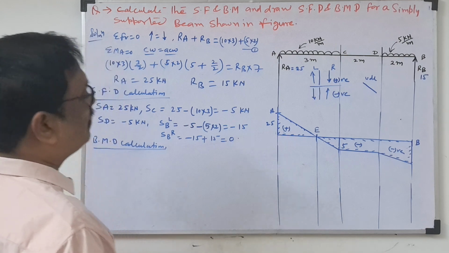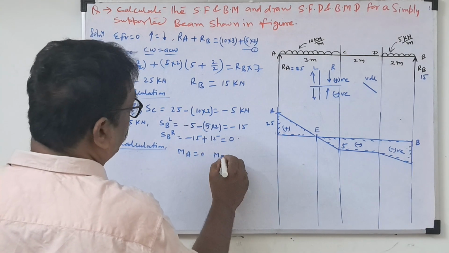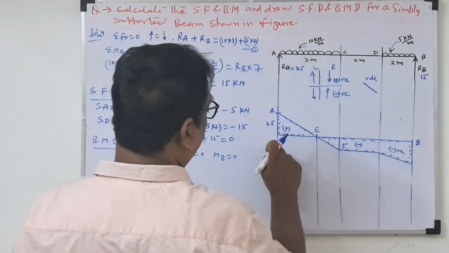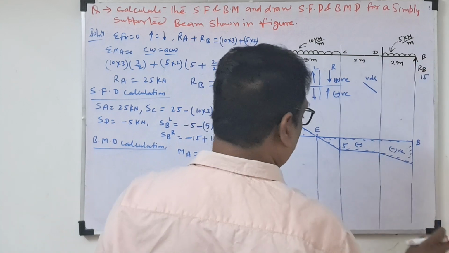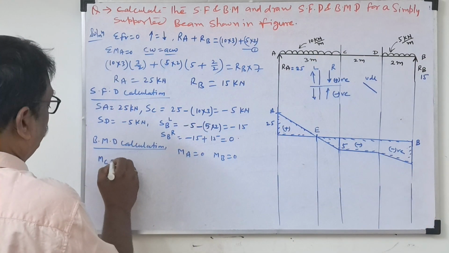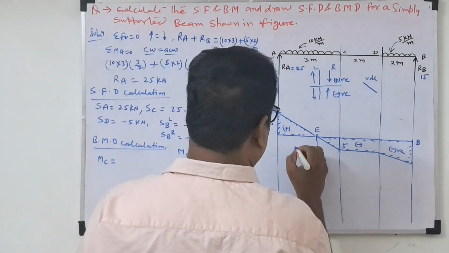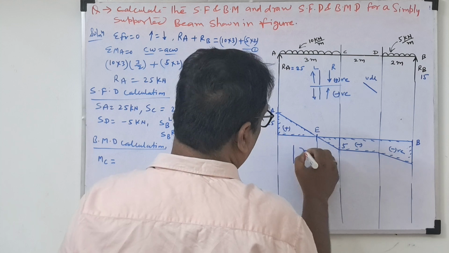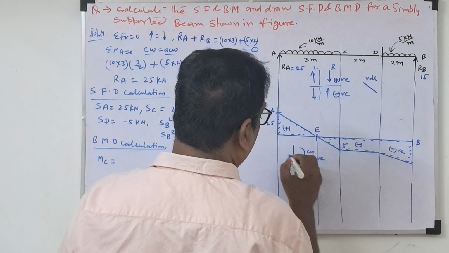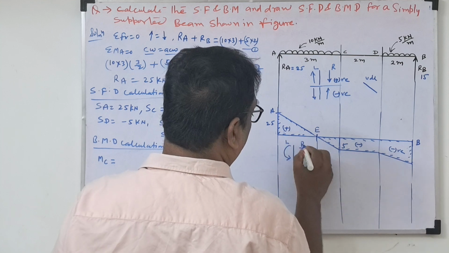Bending moment at A will be 0 and bending moment at B will be 0. At this point we take moments, it becomes 0, and at B it also comes 0. In between we have to find out the bending moment at C. For these we need the sign conventions. Take the section: clockwise is negative and anti-clockwise is positive on the left side, and in reverse on the right side.